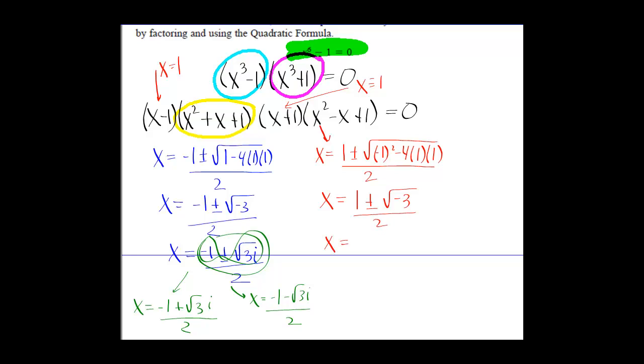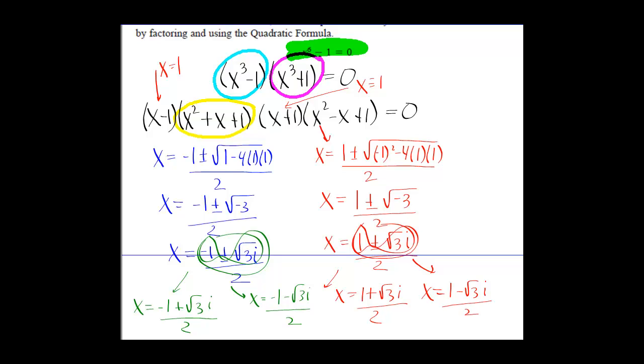So x equals 1 plus or minus root 3i all over 2, which again gives two solutions. The top one being 1 plus root 3i all over 2. And the bottom one, x equals 1 minus root 3i all over 2.